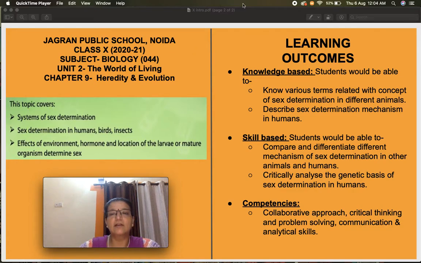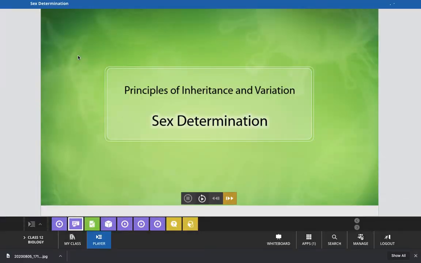Now, let's start with today's class to learn the concept of sex determination in the chapter Heredity and Evolution. Sex determination in humans is also based on the concept of genetics. Now, let's learn how the sex is determined in humans.